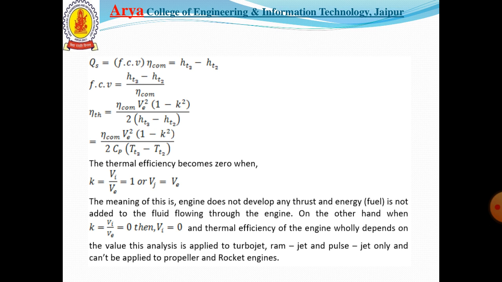On the other hand, when K equals Vi upon Ve equals 0, that is Vi equals 0, the thermal efficiency of the engine wholly depends on the value. This analysis is applied to turbojet, ramjet, pulsejet only, and cannot be applied to propeller and rocket engines.